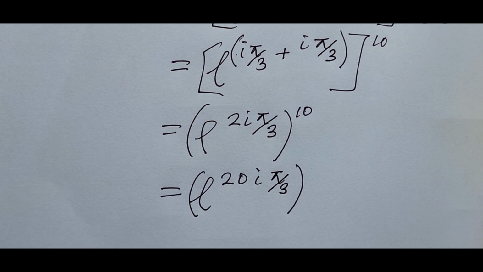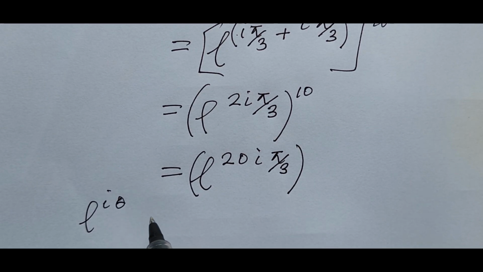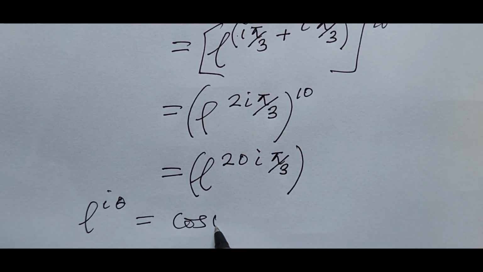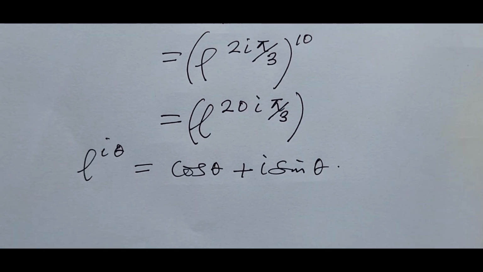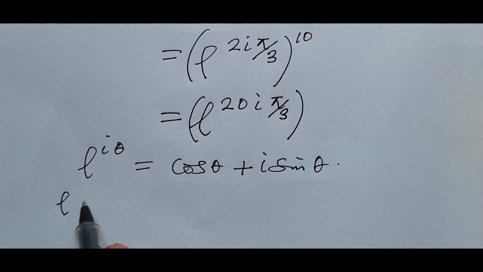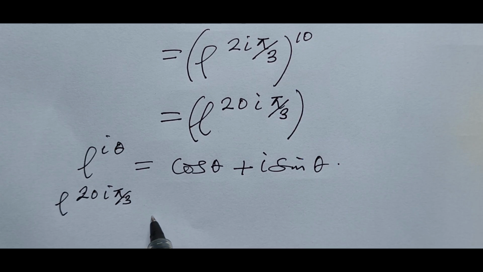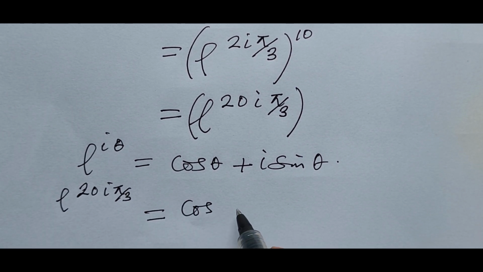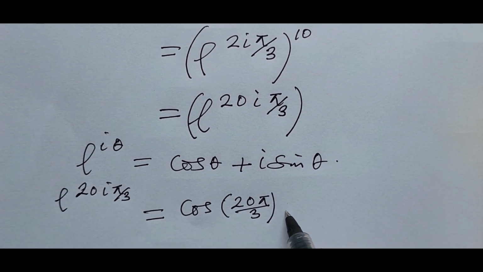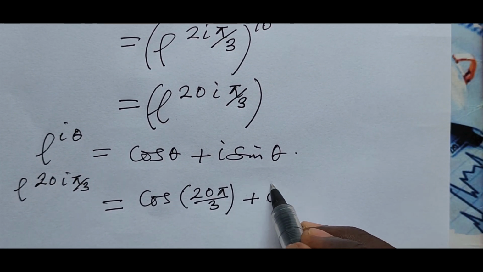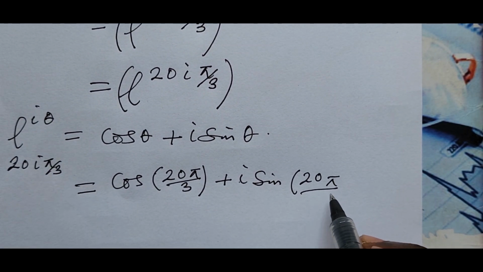Okay, with what we have here now, we can simplify this down, applying the Euler equation again, which says that if you have e to the power of i theta, this is equal to cos theta plus i sine theta. So from here, e to the power of 20 i pi all over 3 is equal to cos of 20 pi all over 3 plus i sine of 20 pi all over 3.